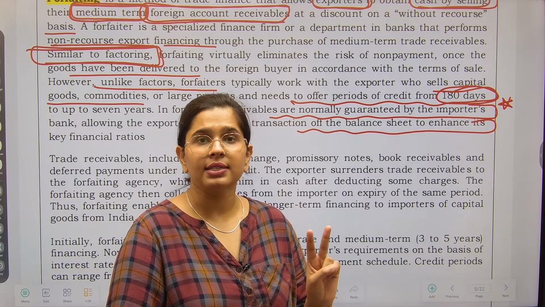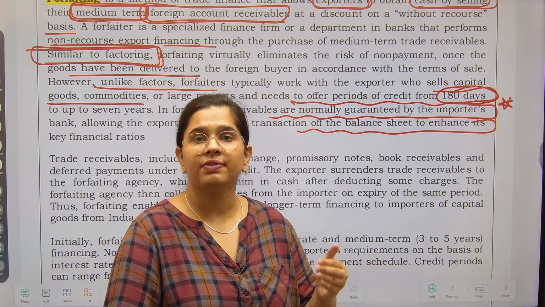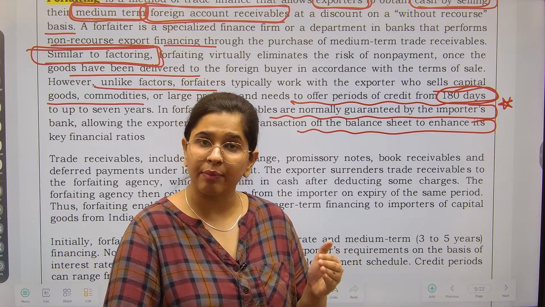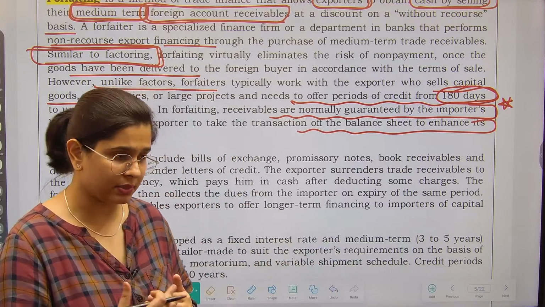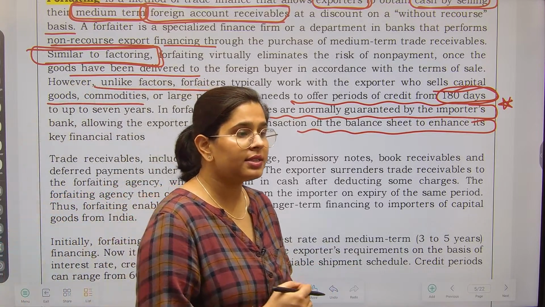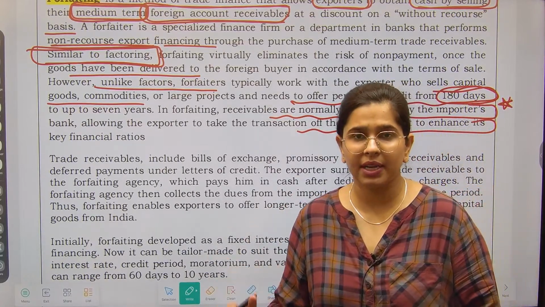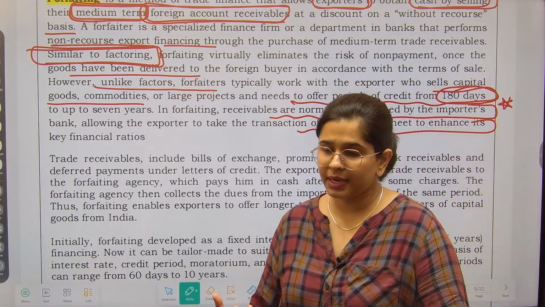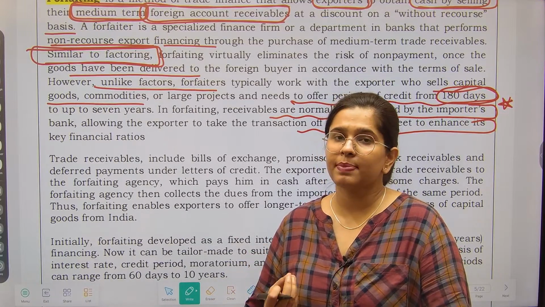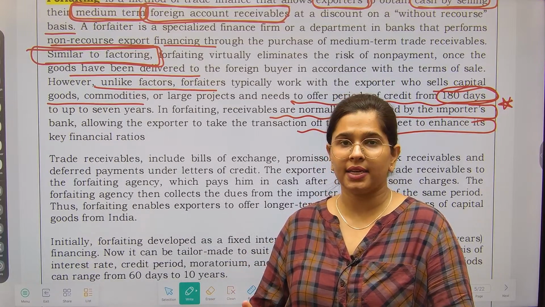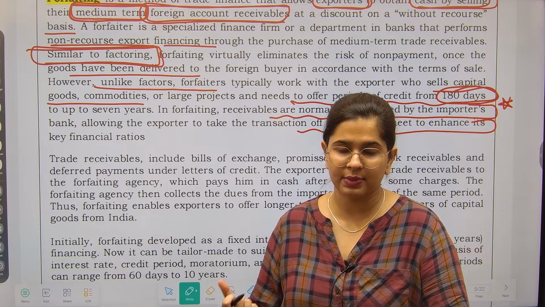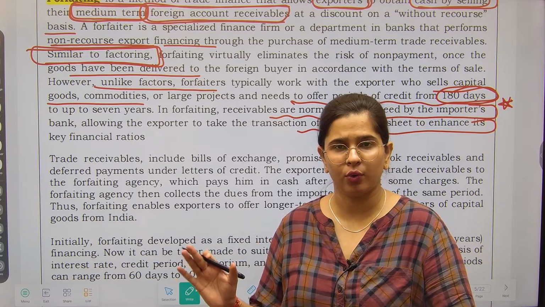Number two thing is this is for the medium term finance. ठीक है, इसीलिए अलग नाम दिया गया है because this is for the medium term. And number 3, the risk of non-payment is practically eliminated over here. How is it eliminated? Because the importer's bank promises or gives the guarantee for the payment. इसीलिए जो exporter होते हैं वो बस assured होते हैं.